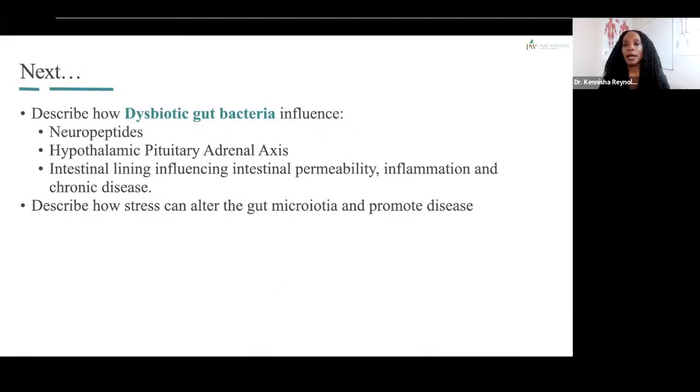We are going to talk about how the gut bacteria, in particular bad bacteria, influence our neuropeptides and the hypothalamic pituitary adrenal axis and our cortisol, intestinal permeability and inflammation and chronic disease, and how stress levels can alter the gut microbiota and promote disease.